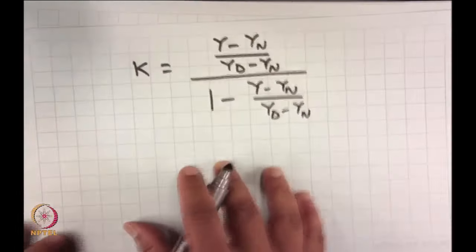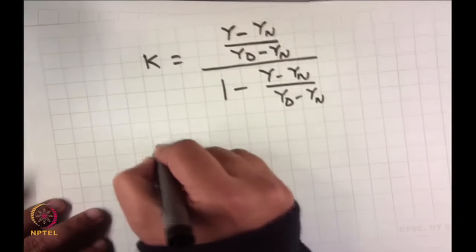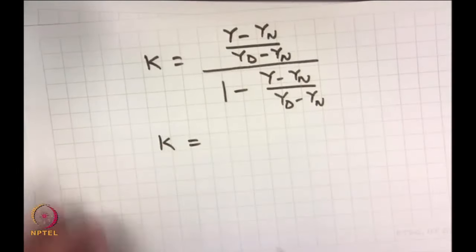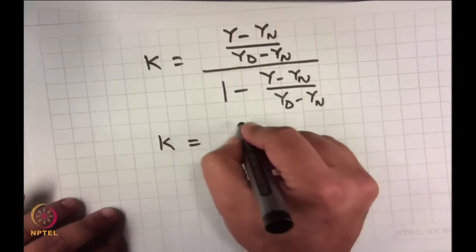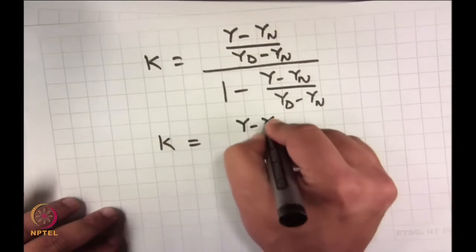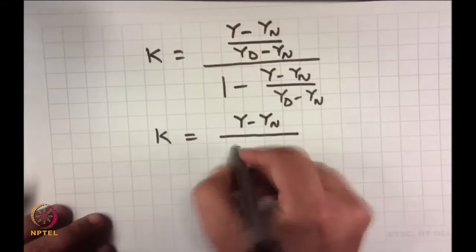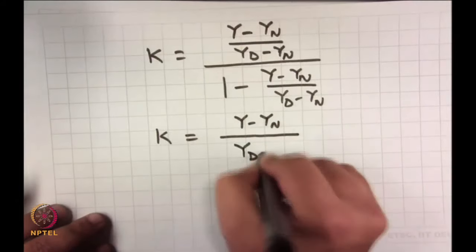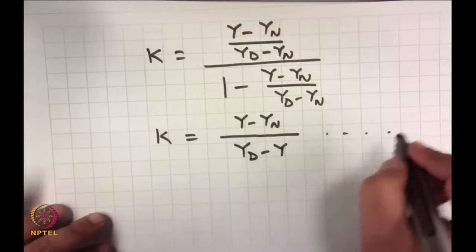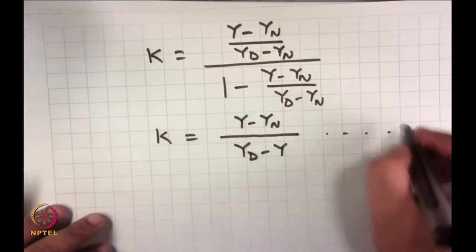There is another expression for K, and hence K would be equal to y minus y of n over, what do you have in the denominator, y d minus y. This would be equation number 6 for us, I guess.